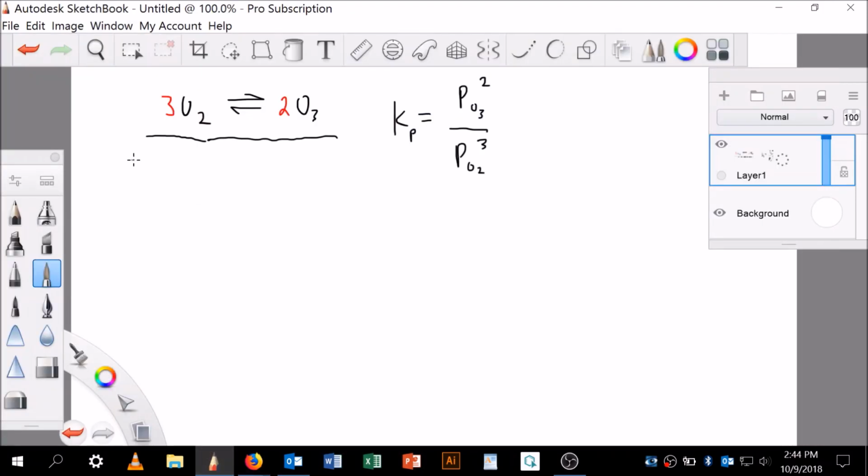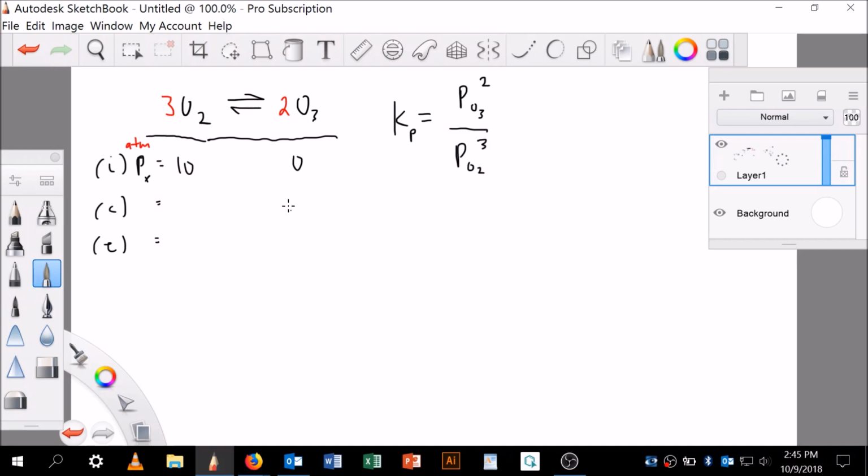Okay, so we start out with the partial pressure, initial, change, equilibrium, right? Start with 10 and with 0. And this is in atmospheres. I don't think that matters, but let's just do it just in case.